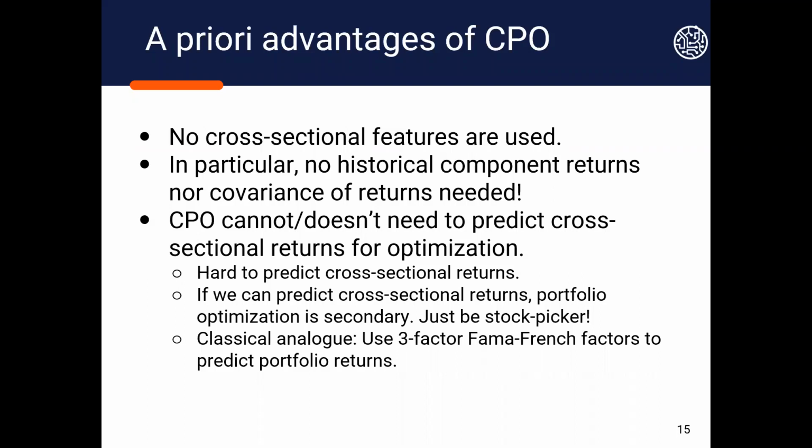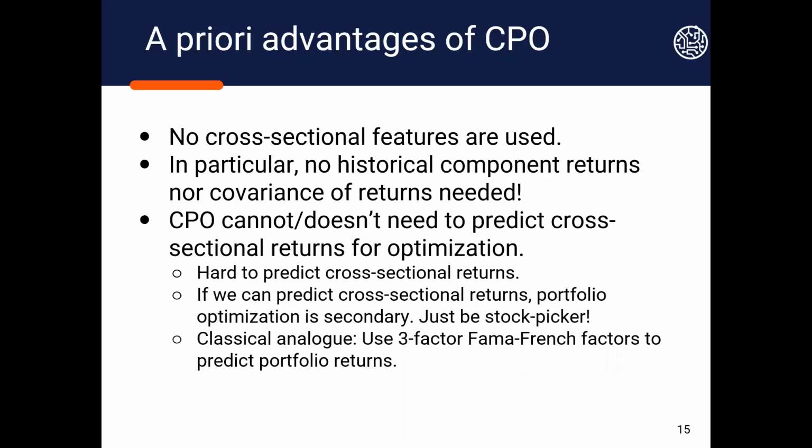This particular method of conditional portfolio optimization does not use any cross-sectional features. It is only using what the industry calls time series features that are global, that are not specific to individual stocks or individual futures or individual components. The classical analog of this advantage is that we are using, for example, three factors.